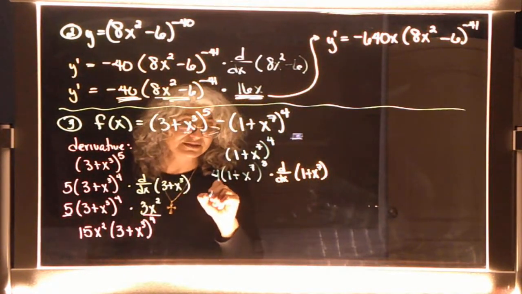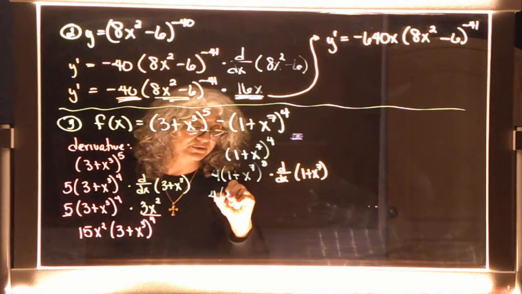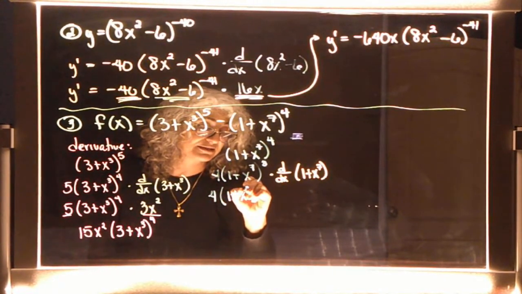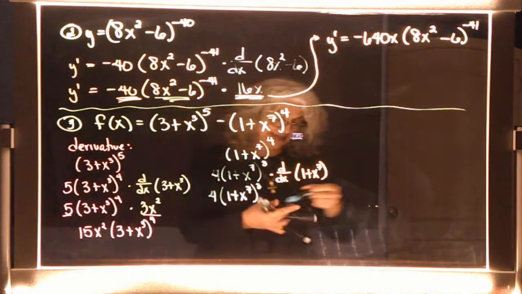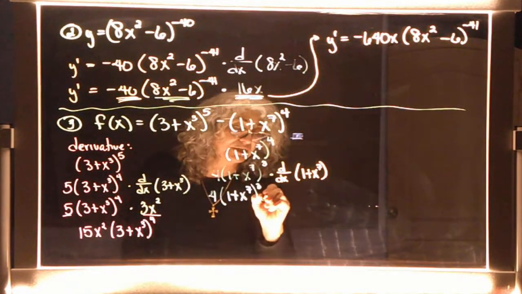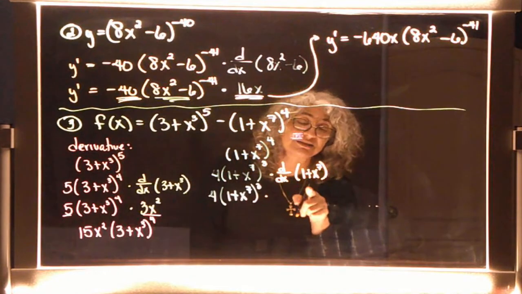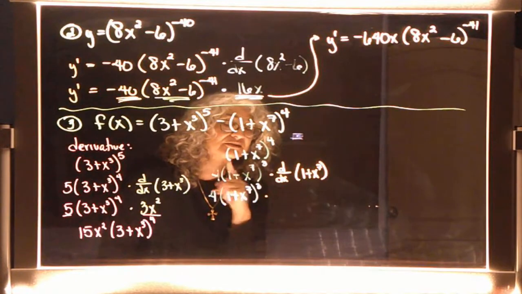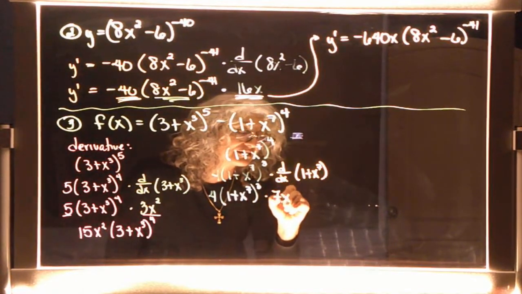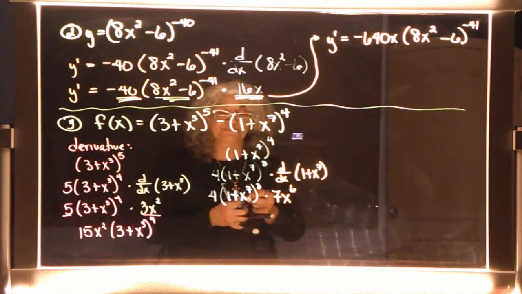Okay, so this is still a 4, and in parentheses 1 plus x to the 7th to the power of 3, and you're going to take that and you're going to multiply by the derivative of this guy. So what's the derivative of 1 plus x to the 7th? Good, 7x to the power of 6.